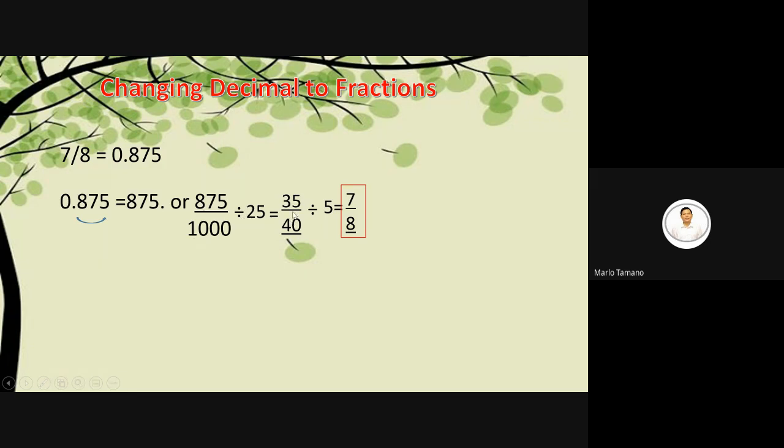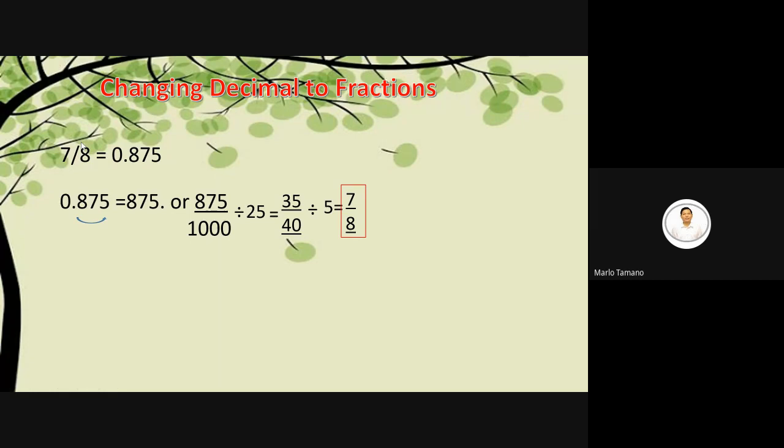Now, try to observe that 35 and 40 are both divisible by 5. So, pwede pang i-lowest term. 35 divided by 5 is 7, and 40 divided by 5 is 8. Now, bumalik na tayo sa original fraction natin kanina, which is 7 over 8.